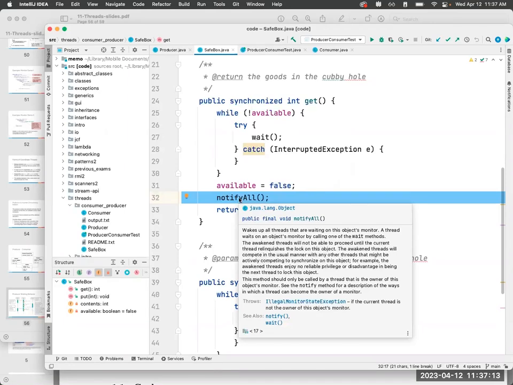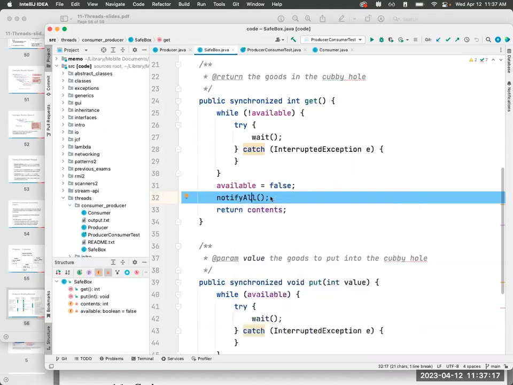And the put would be called by the producer threads. So when I call notify all, I'm essentially allowing the other threads that are producers to go on, but not the consumers, because I am a consumer and I already consumed that item. And my safe box only stores one item. Right? Does that make sense?